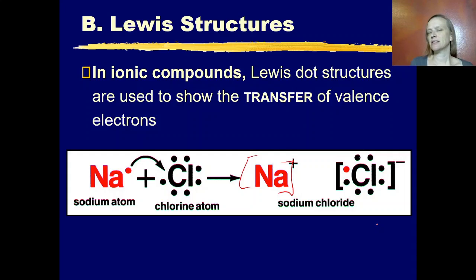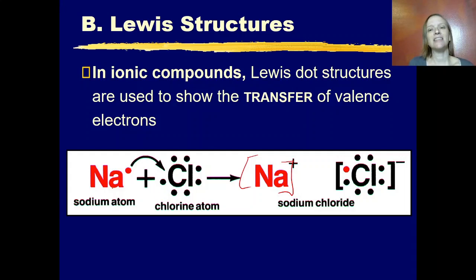Again, just to relate this to that joke at the beginning of the slide presentation, sodium metal is incredibly reactive, would be incredibly hazardous to eat. Chlorine is a toxic gas, would be incredibly harmful to breathe.